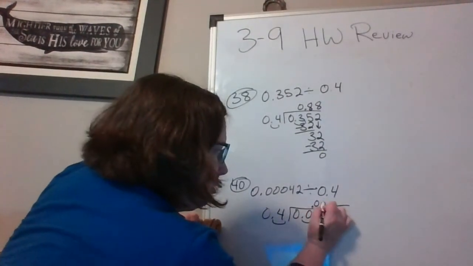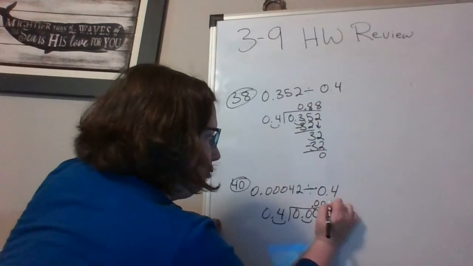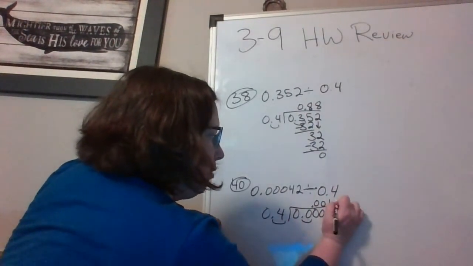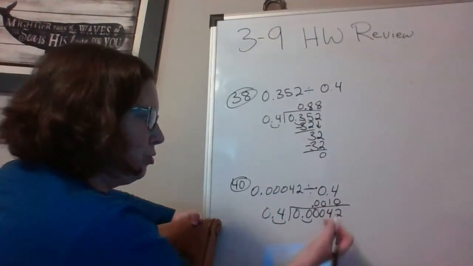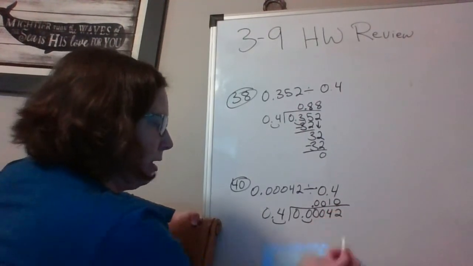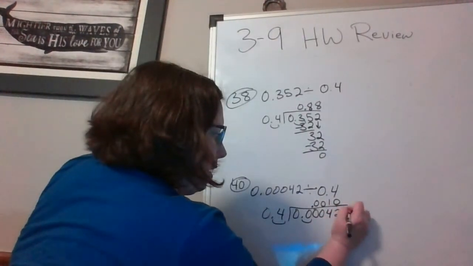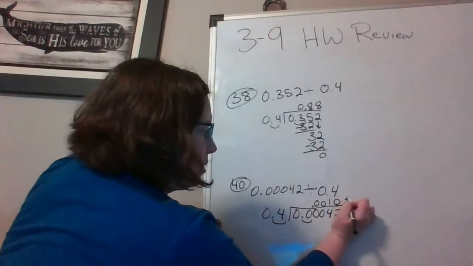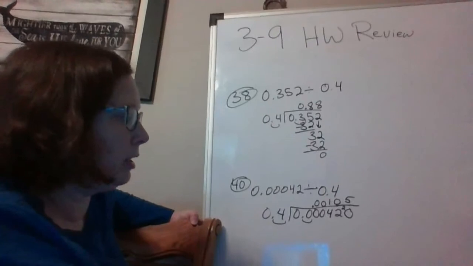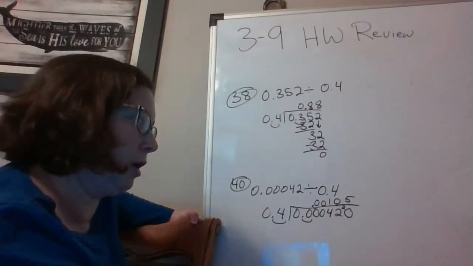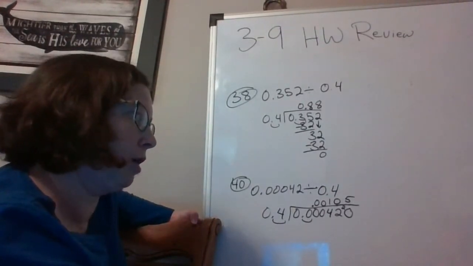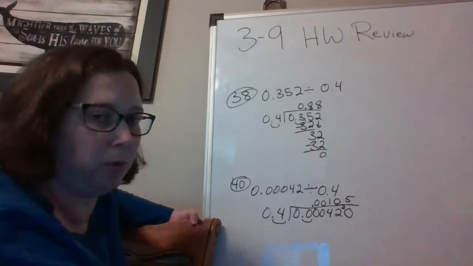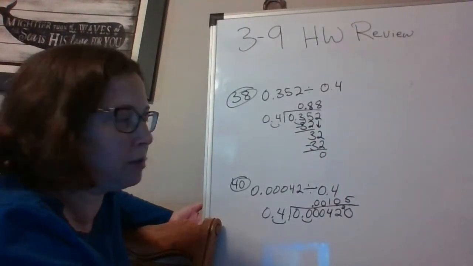Have some zeros. 4 goes into 4 once, no remainder. 4 does not go into 2. Don't forget to put that placeholder 0 here. And then we have 4 goes into 20, which is 5 times. And our answer here would be 105 hundred thousandths.